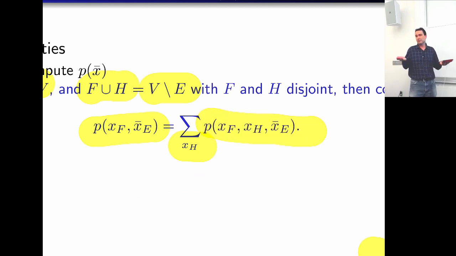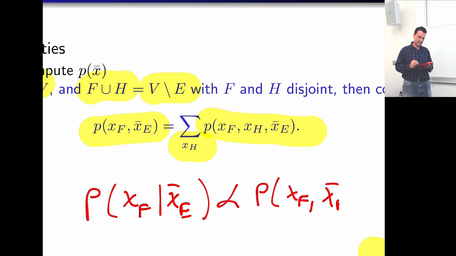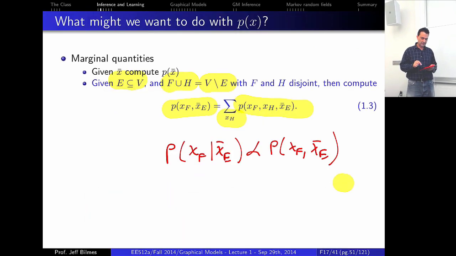And x of E is fixed, that's an observed thing, but we want to compute the distribution over just x of F. That would allow us to compute things like the probability of x of F given x of E, which is proportional to the probability of x of F and x bar of E. Those are the kinds of things that we might often want to compute.